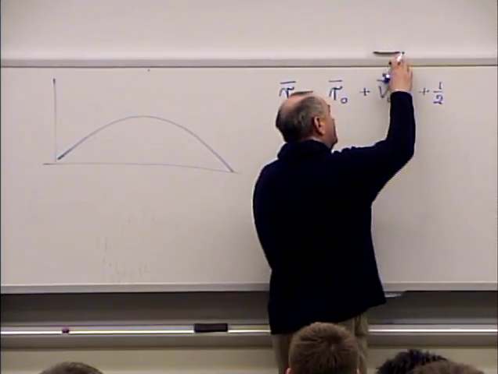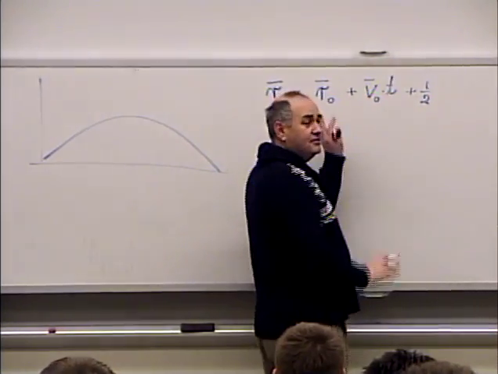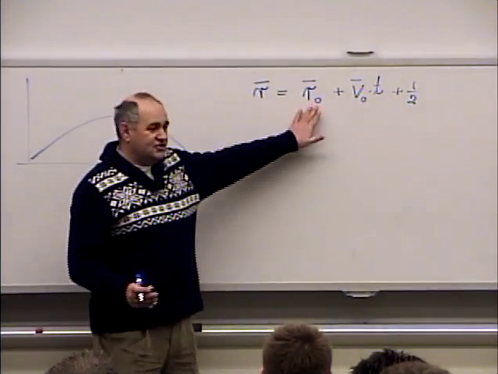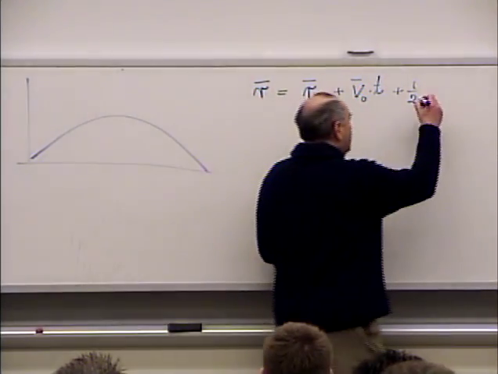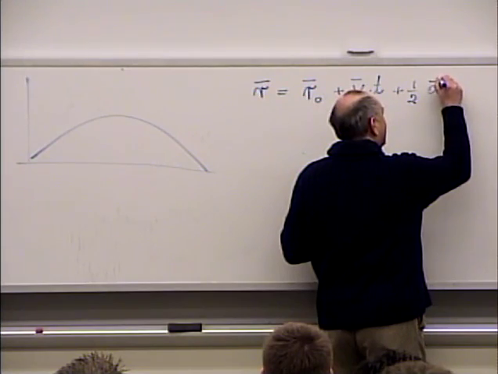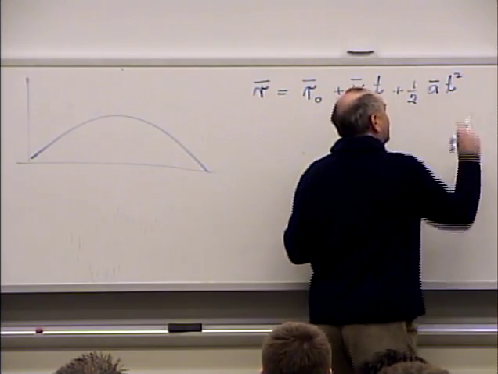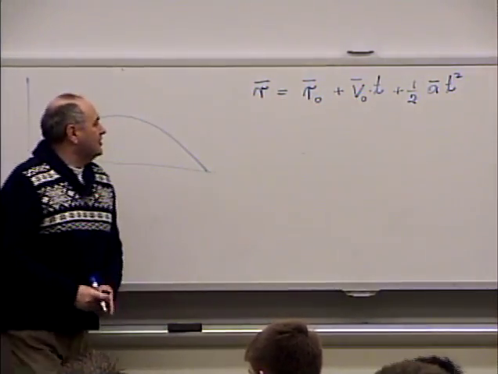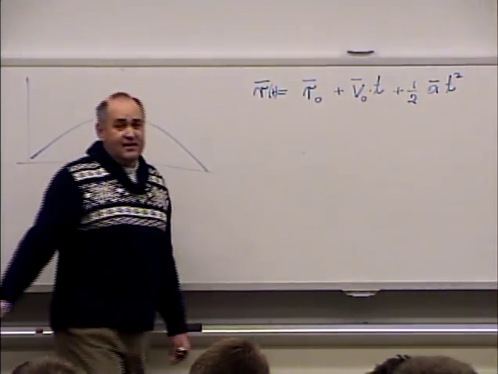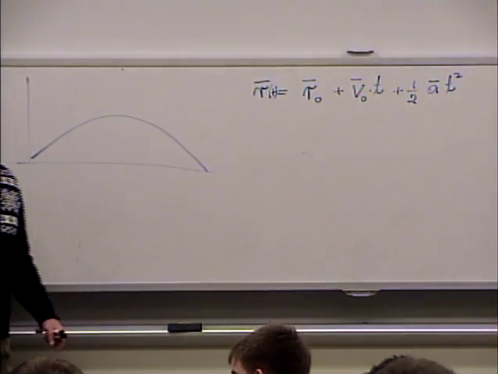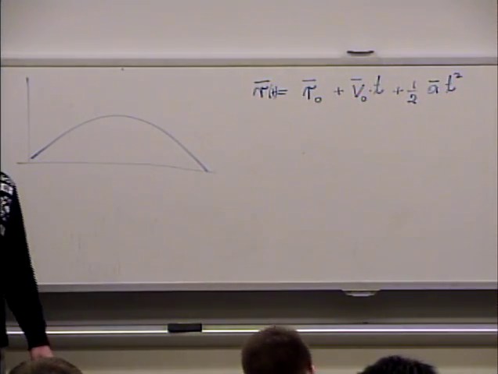Actually, I don't want you to think about it as velocity. This is the second vector, and here I have another vector. Position at an arbitrary instant t is a quadratic function of time for this motion.